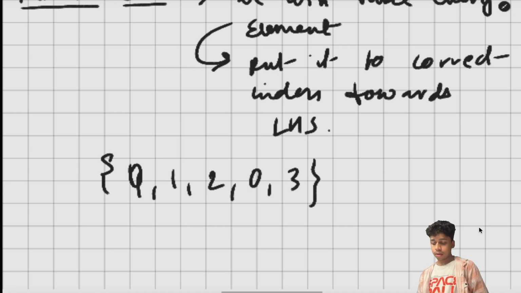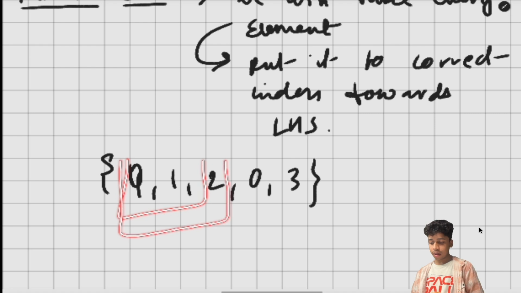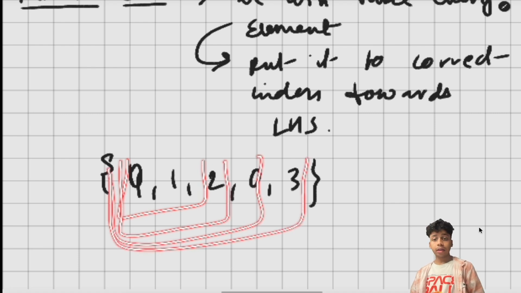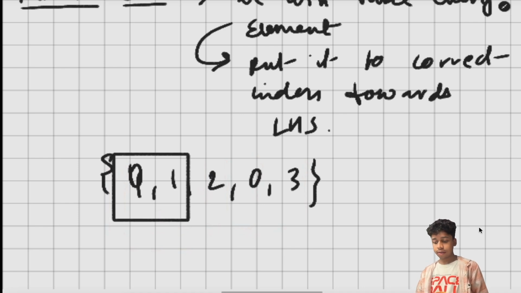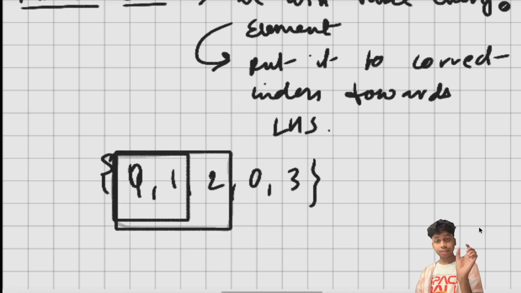3. Okay, so it first sorts this part, then this part, then this part, then this part. The left hand side gets sorted. At every pass, your left hand side gets sorted. So at the first pass, it will sort this chunk, and after the second pass, this chunk will get sorted.